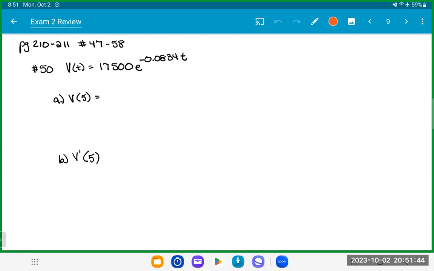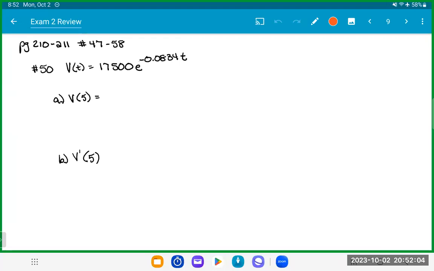So if you're looking at purchasing a new video surveillance system and the system depreciates according to this formula, we want to determine the value of the equipment in 5 years, and the rate of change in the value of that system after 5 years.